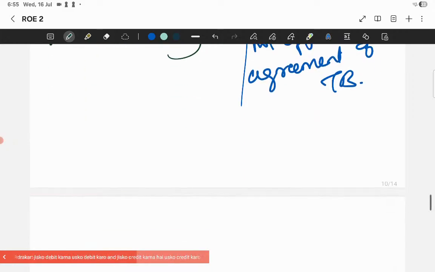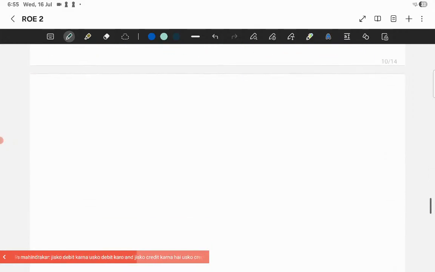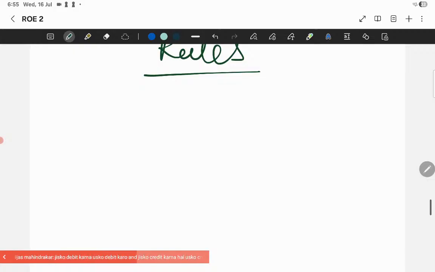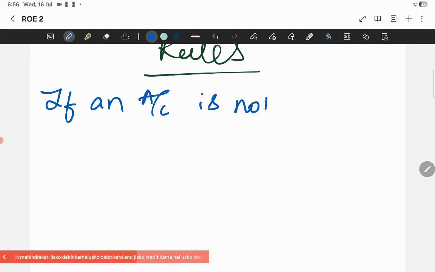Okay, now first let us understand the rules to remember while rectification. First, if an account is not debited, if an account is not debited, then it has to be debited.